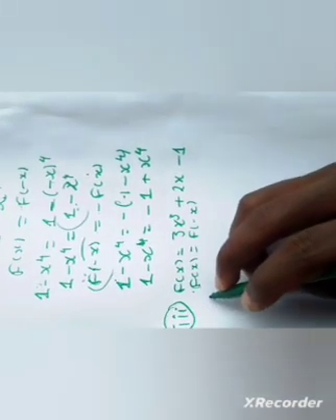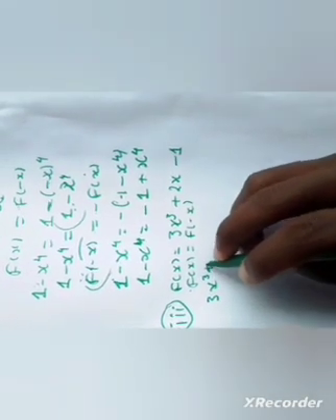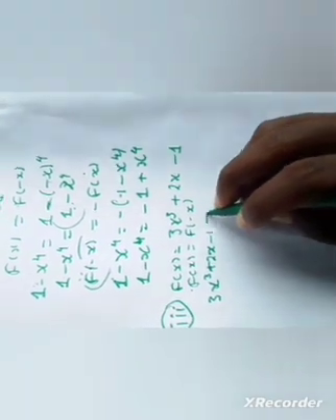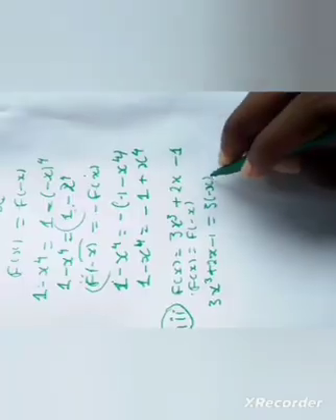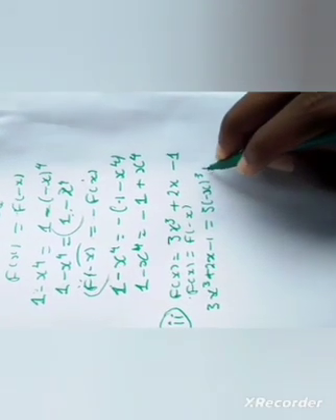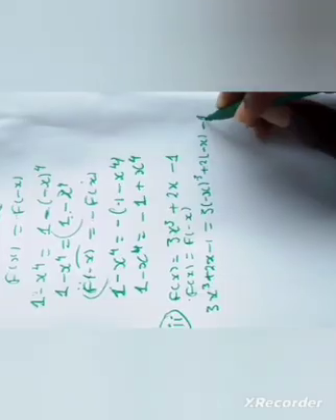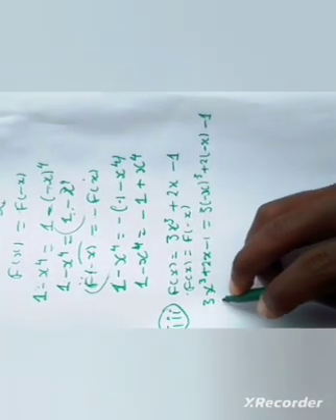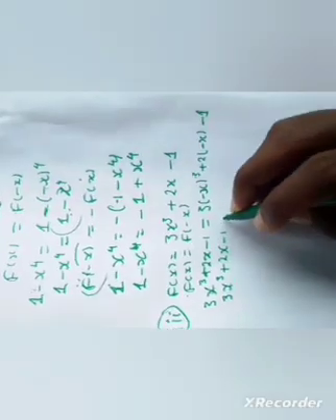So let me write the original function, which is 3x power 3 plus 2x minus 1. Then where there is x, I'm going to put negative x: 3 times negative x power 3 plus 2 times negative x minus 1.